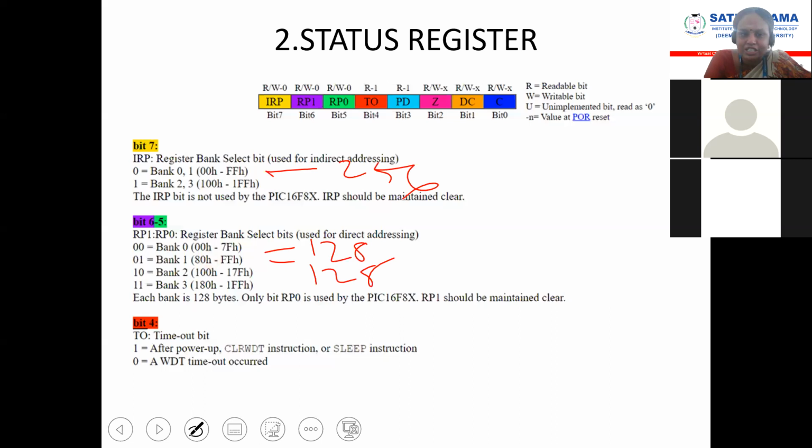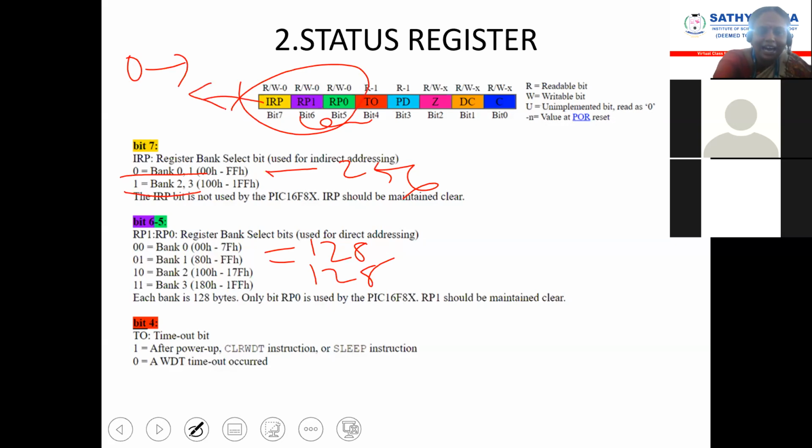So 0 means it will select two banks, bank 0 and bank 1. 1 means it will select bank 2 and bank 3. Are you clear? So these three bits are allocated: these two bits for direct addressing mode, where I can select the four banks, and this one is used in indirect addressing mode. If 0, it will select bank 0 and bank 1; if it is 1, bank 2 and bank 3.